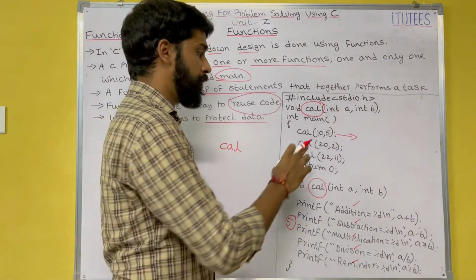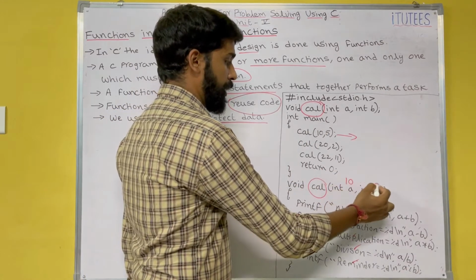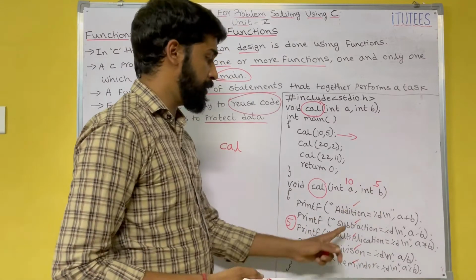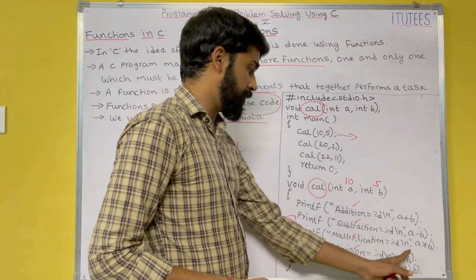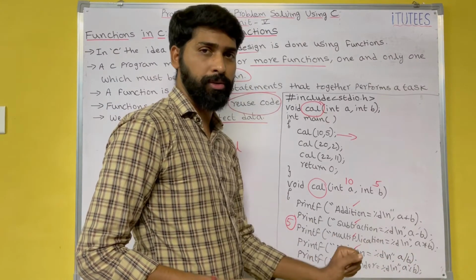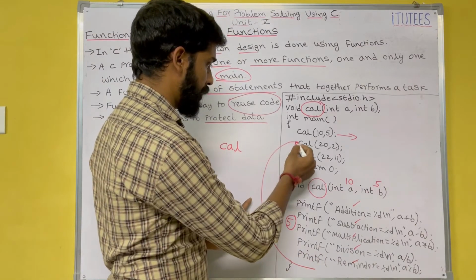So the cal function is called with 10 comma 5. Now 10 is assigned to a, 5 is assigned to b, and we execute this. It prints addition 15, subtraction 5, multiplication 50, division 2, remainder 0. After completion of this, the control goes back here.